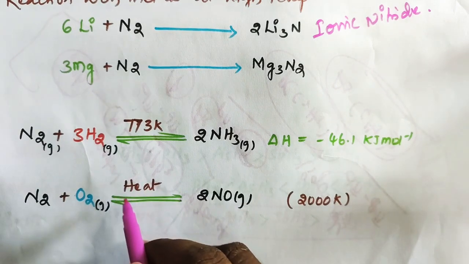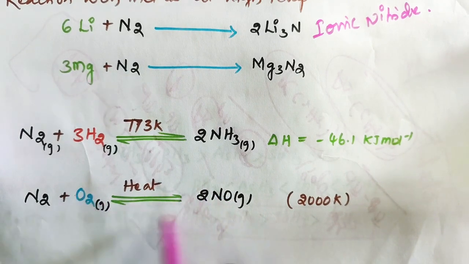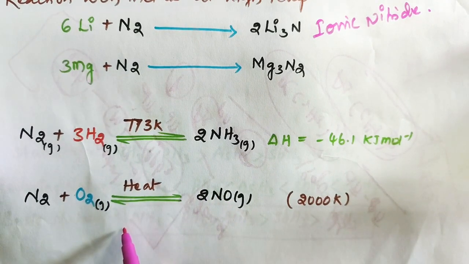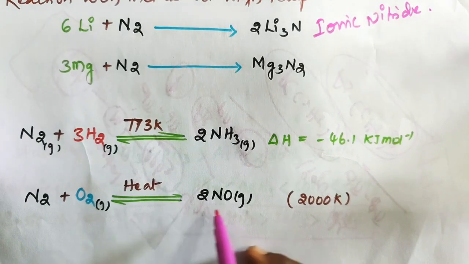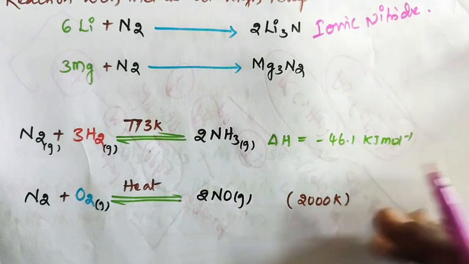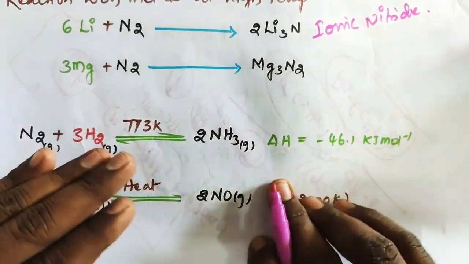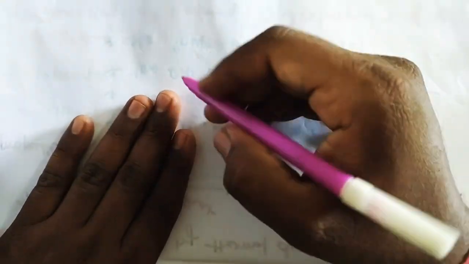And dinitrogen combines with oxygen at very high temperature, about 2000 Kelvin, and we get nitrogen monoxide.